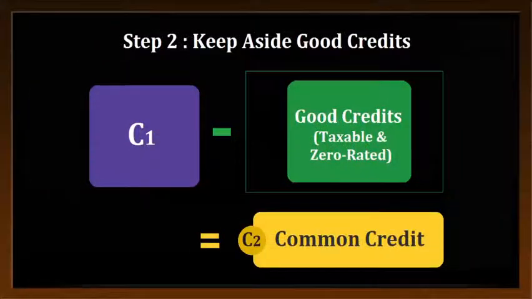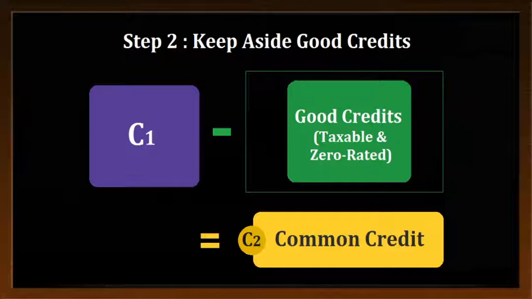In the second step, we had to remove the taxable supply inputs. From C1, if you remove the inputs used only for taxable supply, you will get C2.